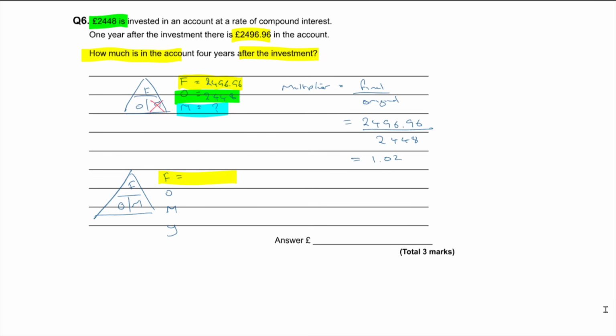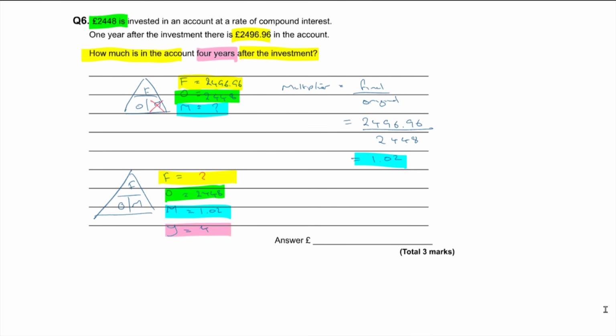The original is still the original that we had at the beginning, which is 2448. The multiplier is the one we found, 1.02. And the number of years is going to be 4 from the question, so y is equal to 4.